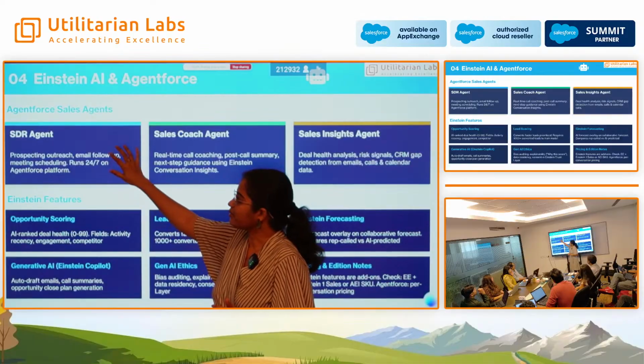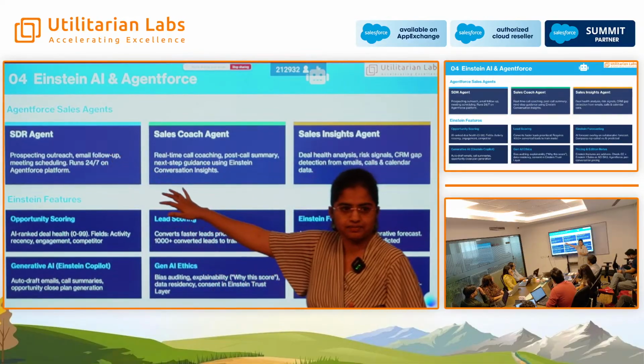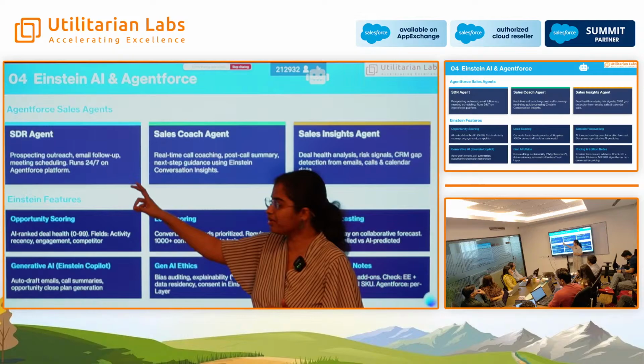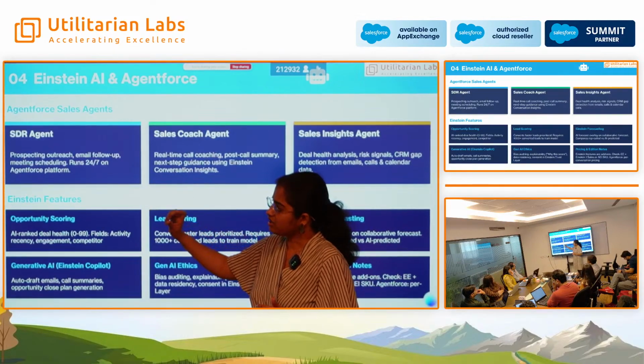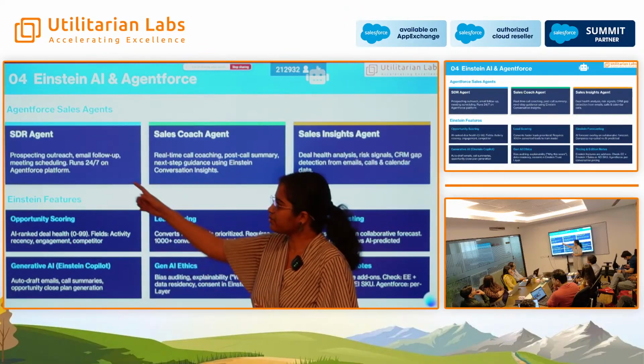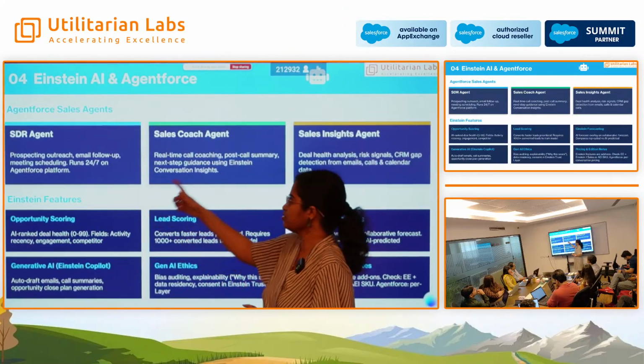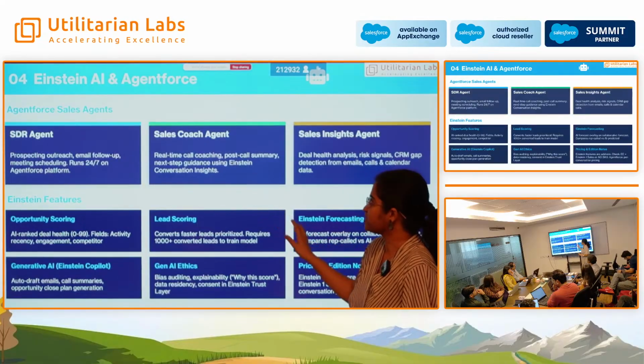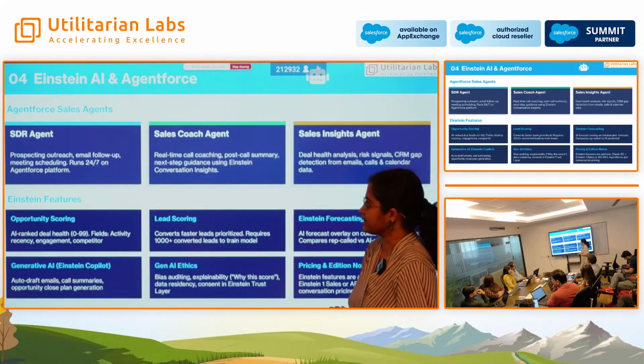So here we can have an SDR agent. Whatever work is done by a human SDR, a quite significant amount of it can be achieved by an SDR agent also, along with the sales coach agent and sales insight agent.